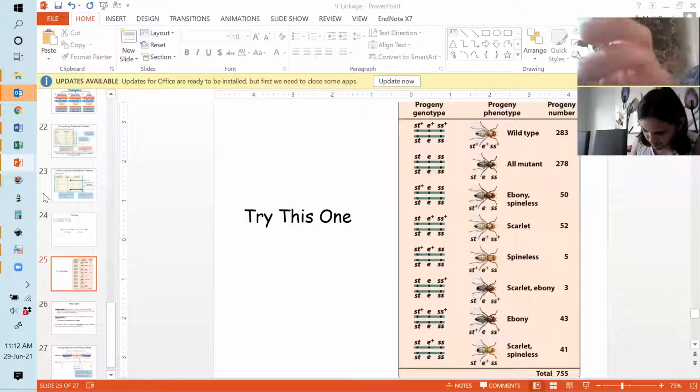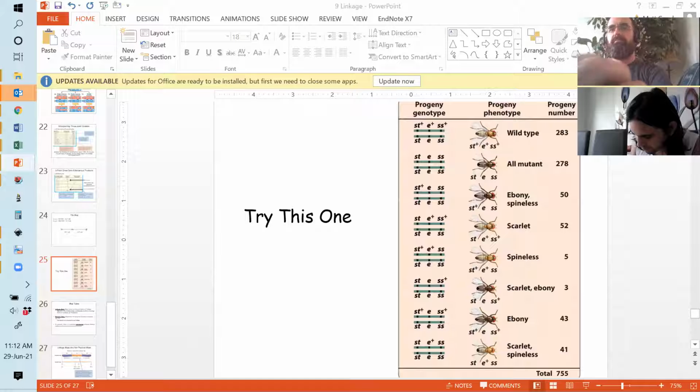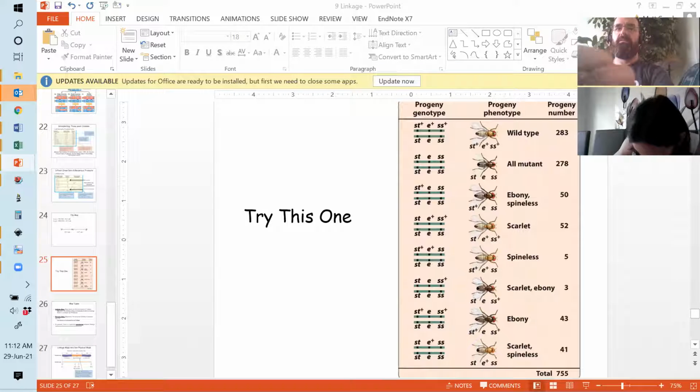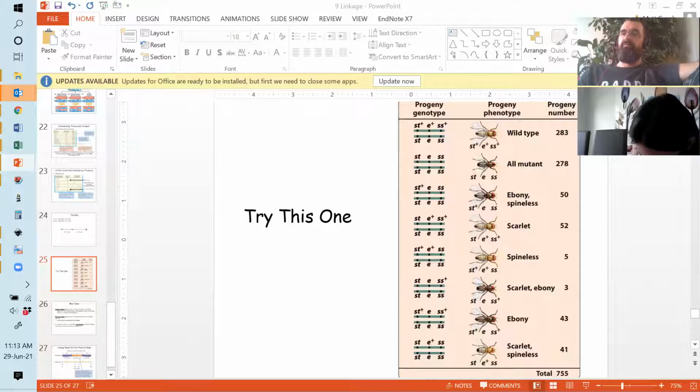Okay, so what's the gene order? So, hint, look at the parentals. The parentals are the ones with the largest number, they're really obvious, and they put the top there for you, which is rather nice.